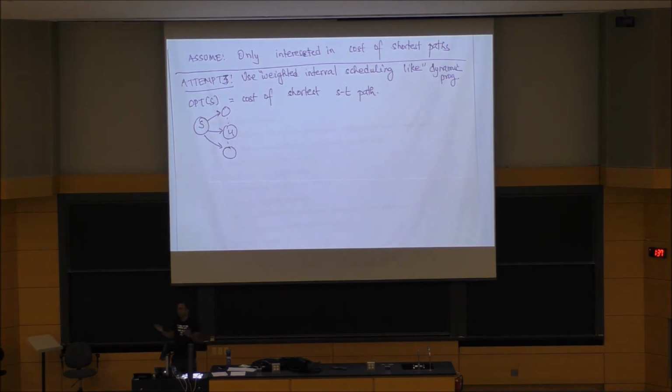And let's say we know that the shortest path from S to T actually takes the first edge S to U. Now, if I know the shortest path from S takes the edge from S to U, what path should I take from U to T? The shortest path, right? There's no reason for it to do anything else. Okay, good.